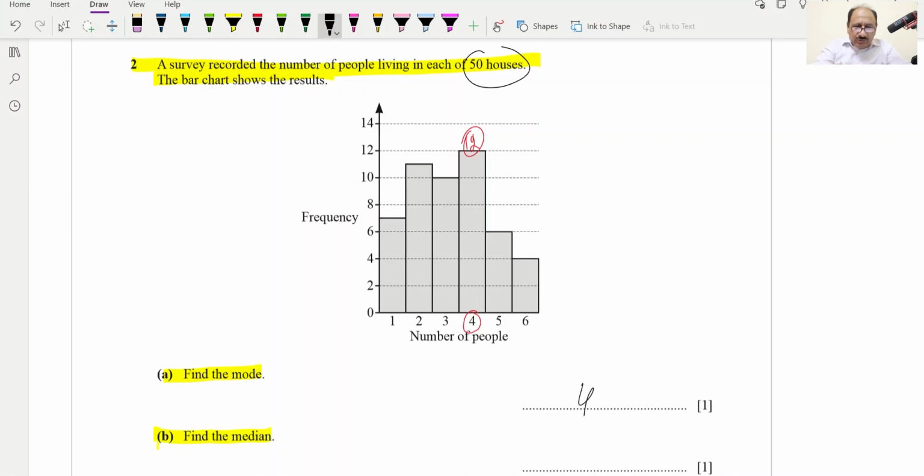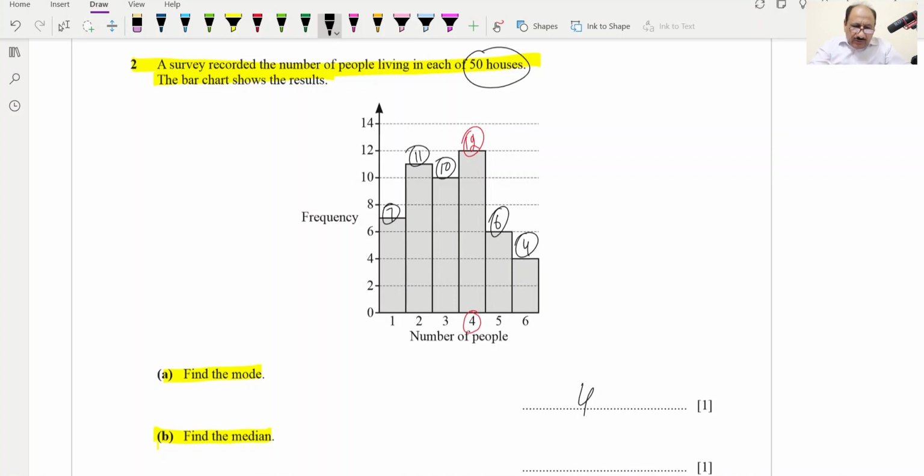So for 50 houses, we have to check where the 26th value is. This one is 7, the height of this one is 11, this is 10, this one is 6, and this is 4.